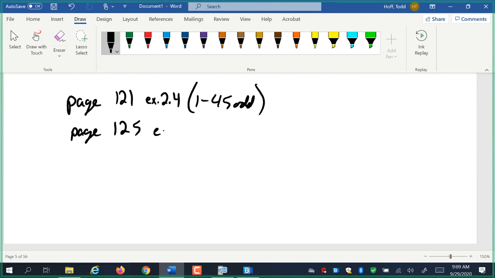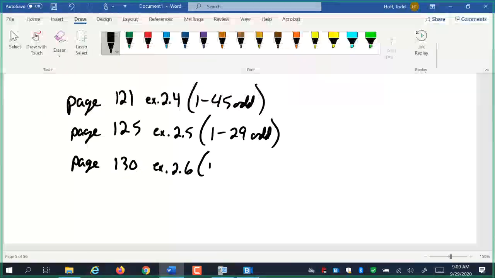Page 125, this is exercise 2.5, 1 through 29, the odd, is working with those powers of 10. Make sure you do some of the more complex examples there. And page 130, exercise 2.6, 1 through 57, the odd. This is on converting scientific notation.